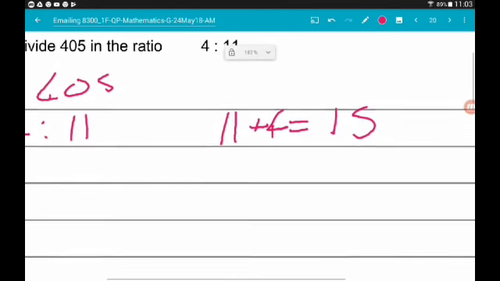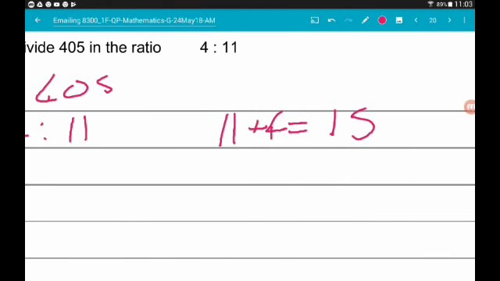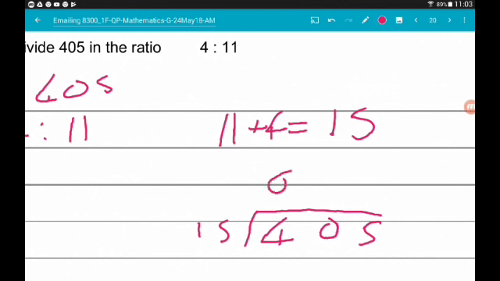So we can use the bus stop method here. So we want to do 405 divided by 15. So does 15 go into 4? Nope. So we put a 0 above, carry the 4 onto the 0. How many 15s are in 40?